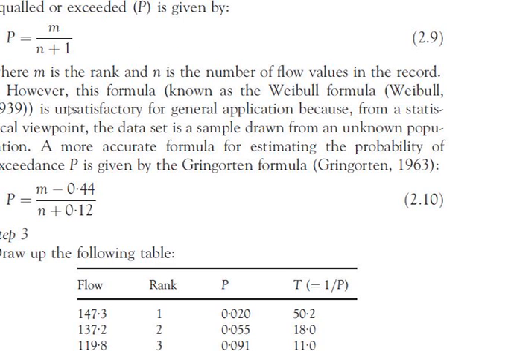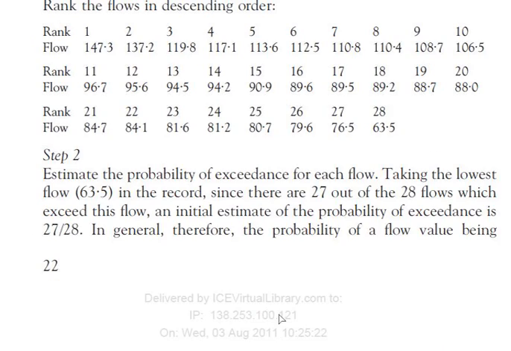It's essentially the same form, but with differences in the weighting given to the rank or the total, to get a statistically better accuracy in terms of the probability of exceedance. So we apply this formula to this data set here.